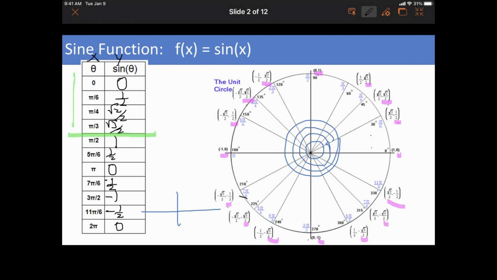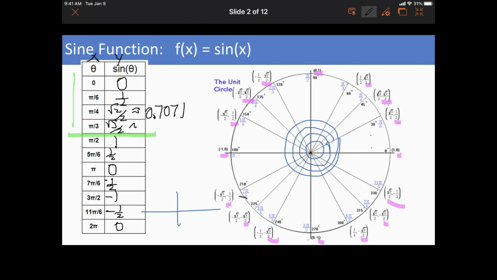Now, another thing, because we're going to put it on a coordinate plane, we're going to actually need a decimal for that. It's hard to graph root 2 over 2. So take a calculator, and if you type in root 2 divided by 2, it is 0.7071.